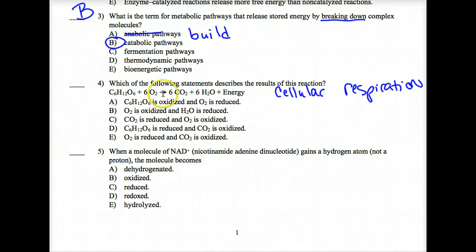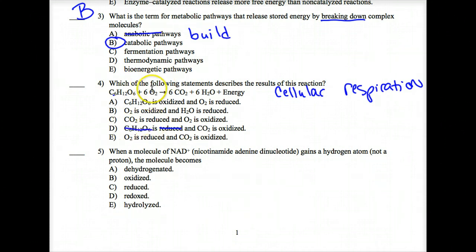I'm adding sugar to oxygen. Anytime you add anything to oxygen, you are oxidizing that thing. If I let an apple sit out in the air, I'm oxidizing the apple, and that's why it turns brown. So when I expose the glucose to oxygen in your mitochondria, you are oxidizing your sugar. So we don't want this one because that says that I am reducing my sugar. That one is clearly false.